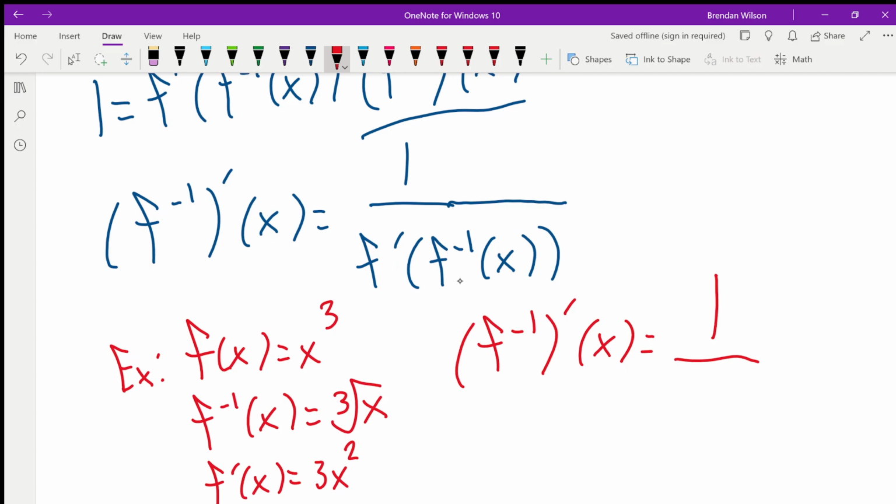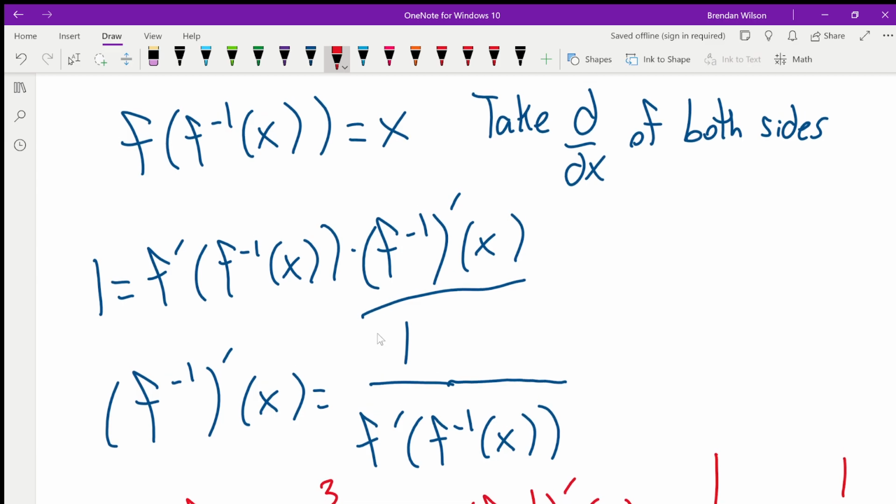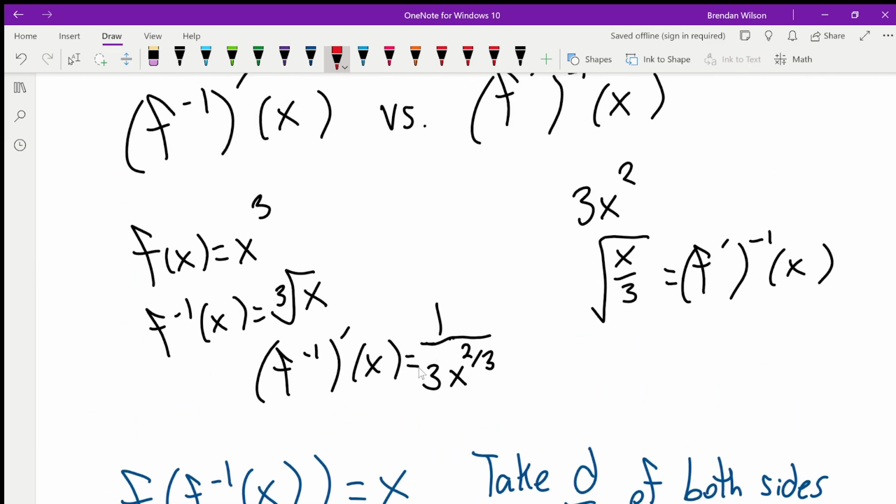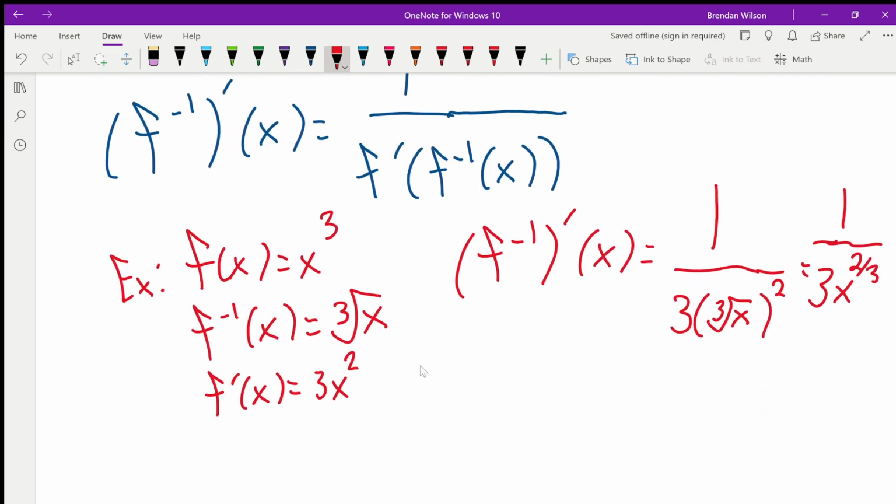So we compose the f prime of x with the inverse function, cube root of x. So 3 cube root of x squared, which is indeed the same thing as 3 times x to the 2/3. Okay, which is what we just got right here as well, using the power rule.